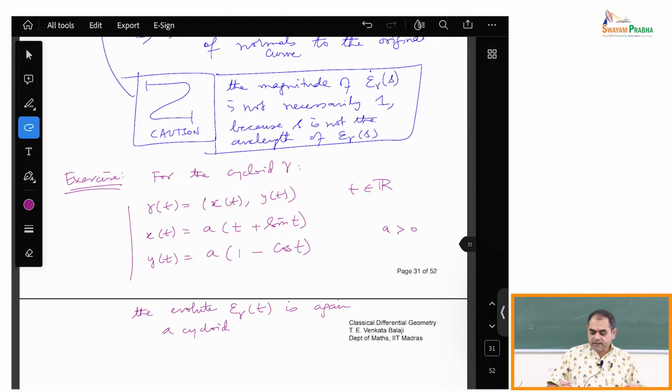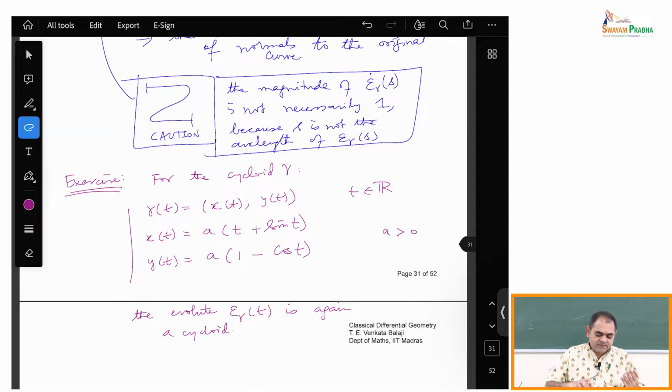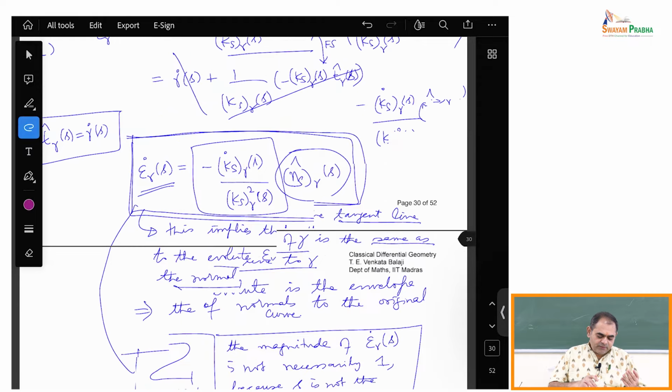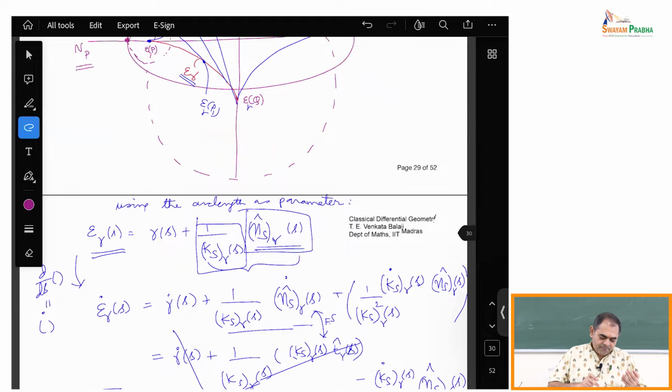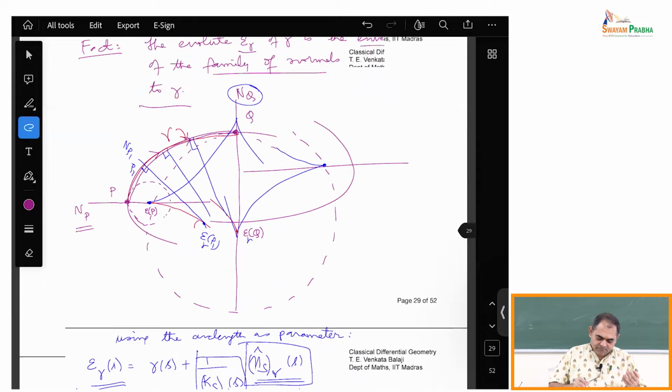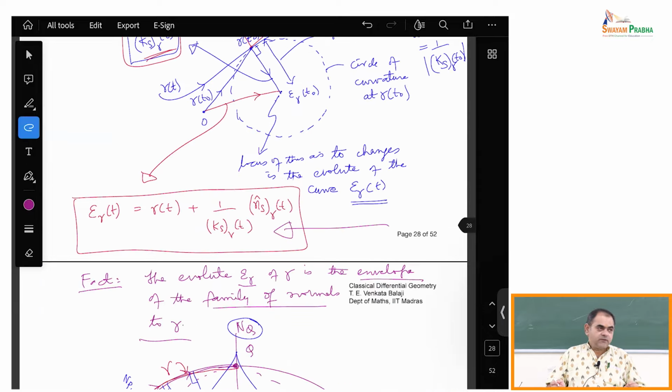Basically you have to use this equation, and you can verify that.